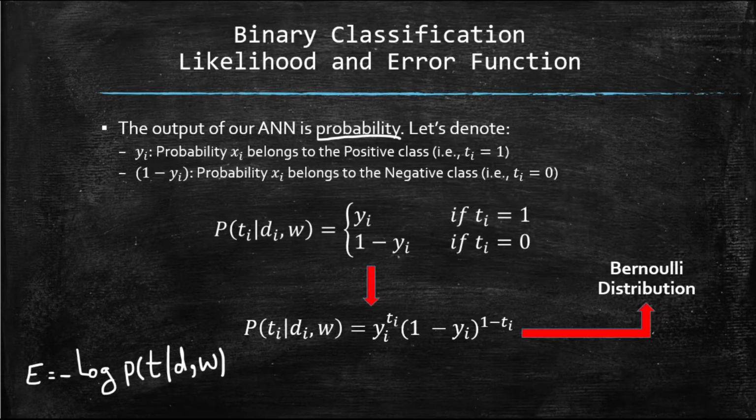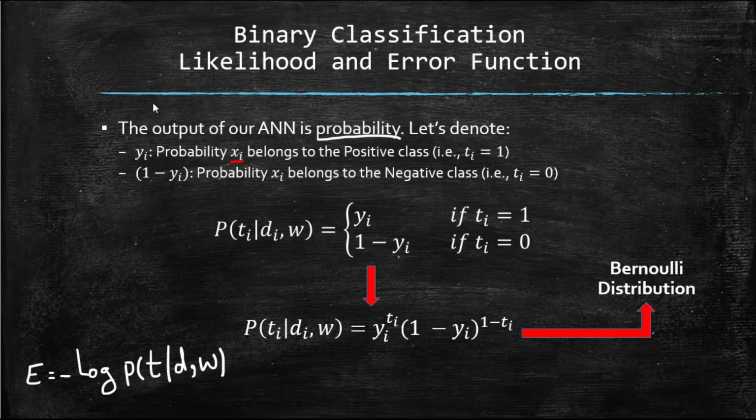So let's say for a given input x of i, that is the input to your neural network, and y sub i is the probability of that input belonging to the positive class, which means that the ground truth t sub i would be 1. We're going to denote the positive class with digit 1, or with ground truth 1.